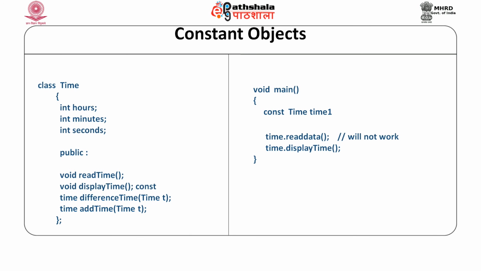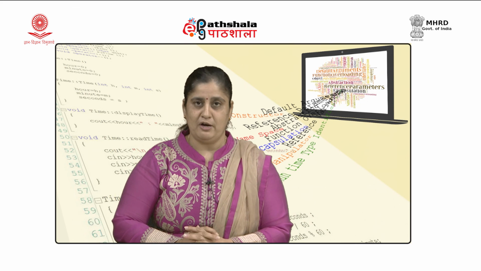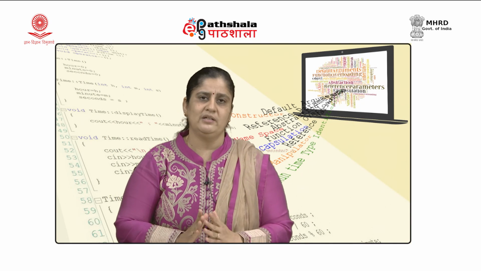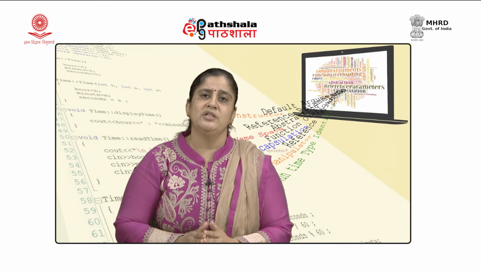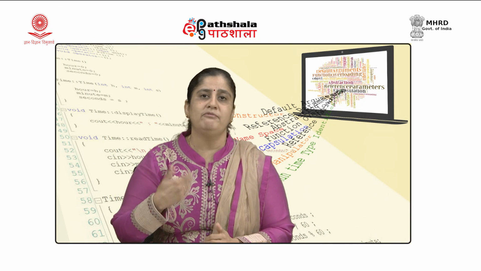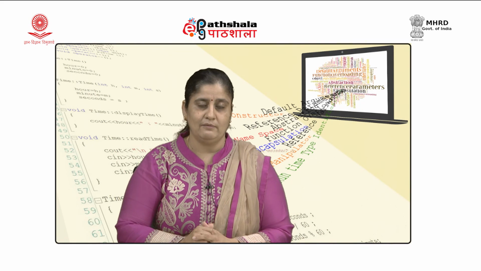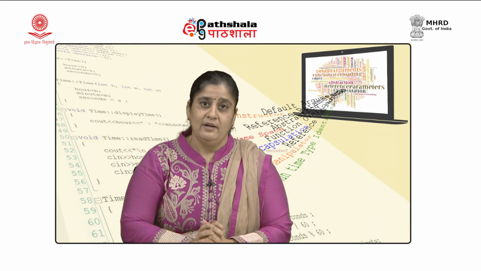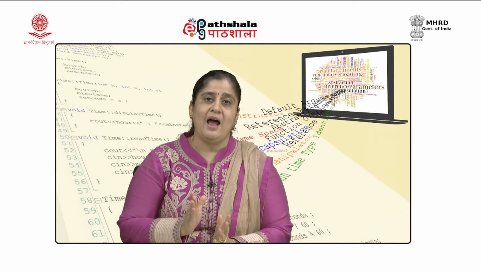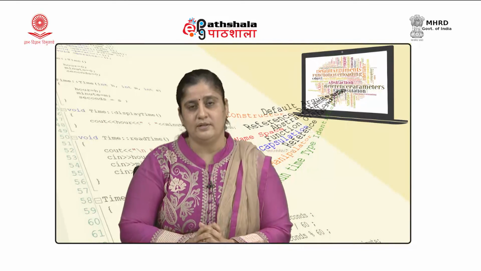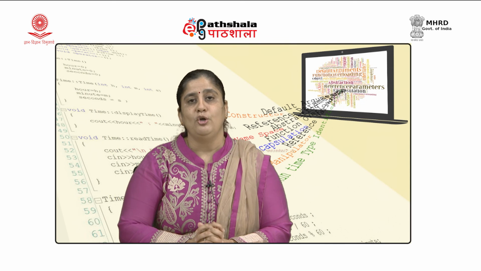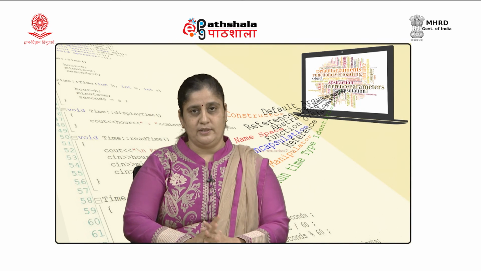When in the next module we start discussing functions, we will discuss more about the constant function, but as of now what you can understand is that a constant function is a function through which the data members cannot be modified. If a class has at least one constant member function, it is possible for us to define the object of that class as constant.